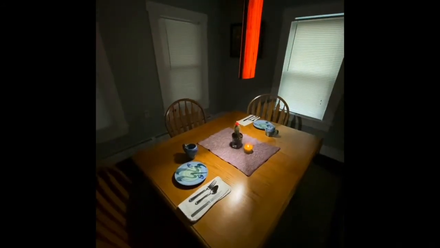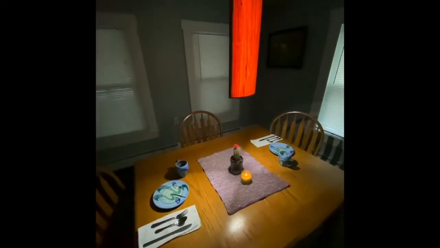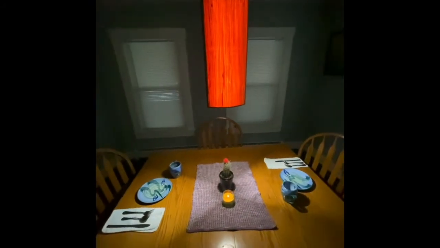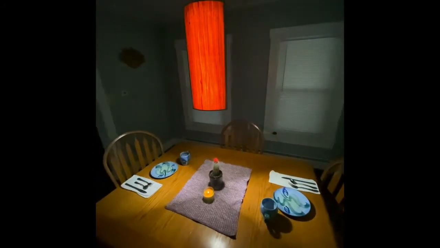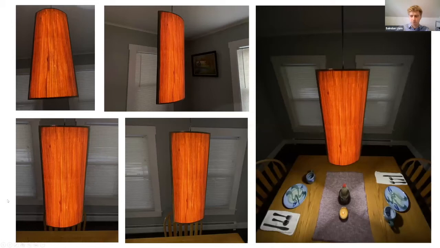And we did some 3D printing. This is printing the canopy that actually mounts to the ceiling. And then here's the final product, hung up. And now I'm going to pass it off to Seamus.